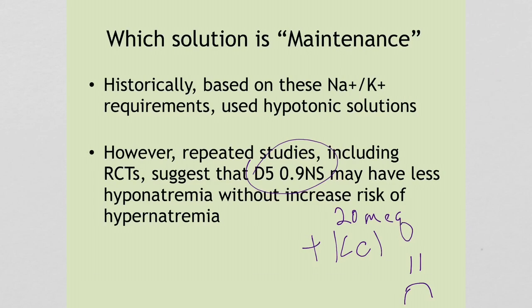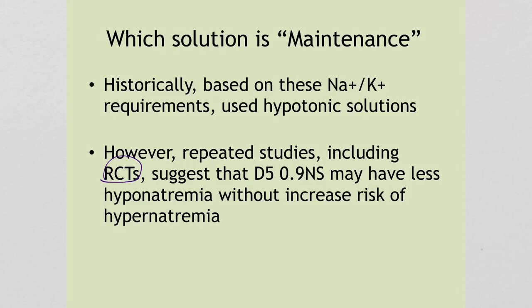And it used to be that in the past our go-to solutions were often 0.45, for example, or 0.2 normal saline. But what we ended up finding, based on several studies, including some RCTs and some really pretty quality studies, is that D5 0.9 normal saline might actually be the preferred solution.